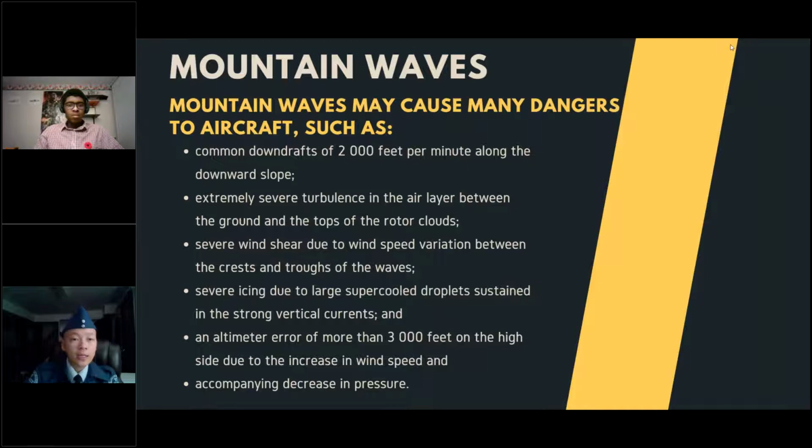The following are common: downdrafts of 2,000 feet per minute along the downward slope; extremely severe turbulence in the air layer between the ground and the tops of the rotor clouds; severe wind shear due to wind speed variation between the crests and troughs of the waves; severe icing due to large supercooled droplets sustained in the strong vertical currents; and an altimeter error of more than 3,000 feet on the high side due to the increase in wind speed and accompanying decrease in pressure.